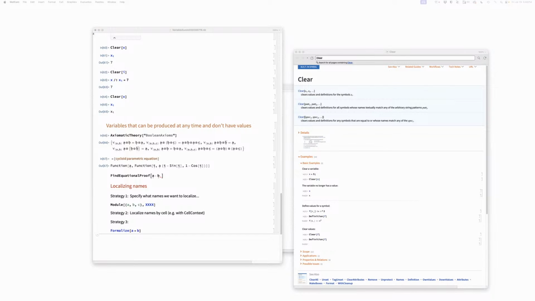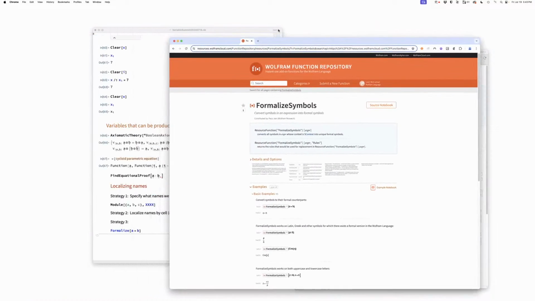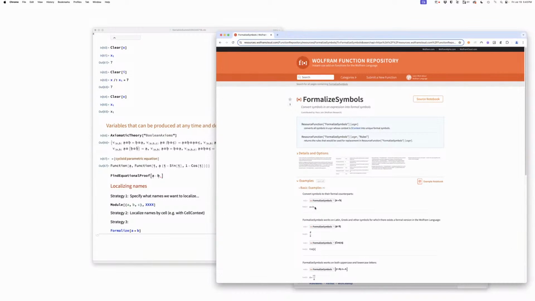I'm not familiar with that, but Ian, Christopher, are you familiar with such a thing? Bob was supposed to be here. Maybe he's out. He would know. I don't know WFR. I know the Alpha code base has utilities for that. There is one. Formalized symbols.